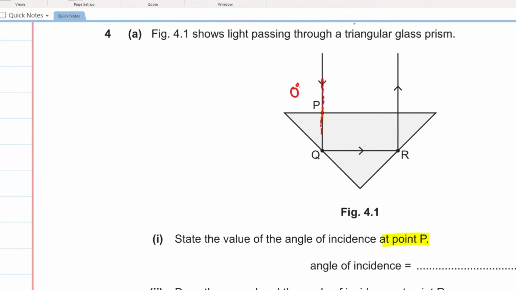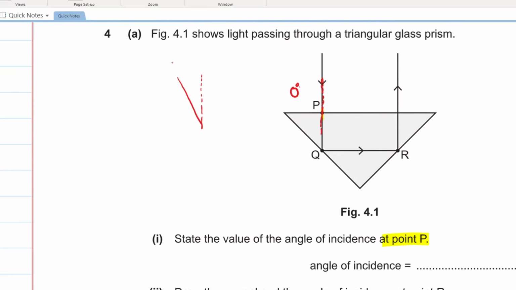No, no, no. Very common mistake here. The one who gave 90 as your answer, beta, this is the most common mistake that students make here. Angle of incidence क्या होता है बेटा? Angle of incidence is the angle between the incident ray and the normal.